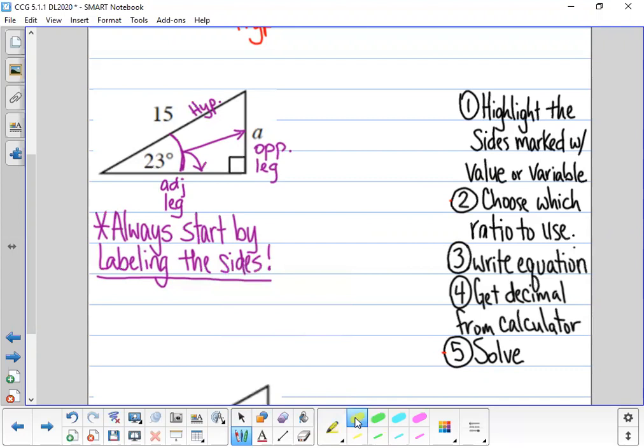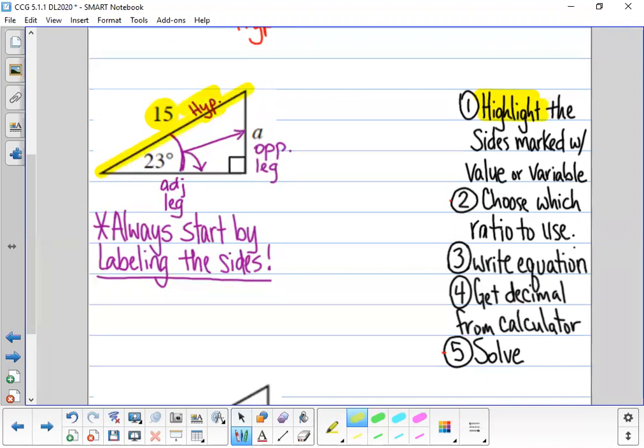Okay, now step one. I've annotated my notes over here so that when you go back and look at your notes, you can see what we were doing and not just see the math steps. When you have the actual steps you were taking written out, it will help you understand better what you did. So step number one, you are going to highlight the sides that are marked with a value or a variable. If I'm looking over here at my triangle, I see that this length is 15, and I'm going to highlight that side.